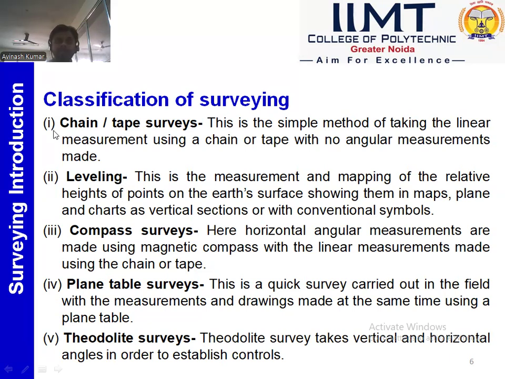So in serial numbers 1, 2, 3, and 5, we do the measurement in the field, and after returning to our office, we make the plan or map with the help of that recording. But in plane table surveying, we record the measurements in the field, and at the same time we draw the plan also. So this is time saving. Our two works are done together. Time saving, hence economical also. But this cannot be adopted for larger areas.